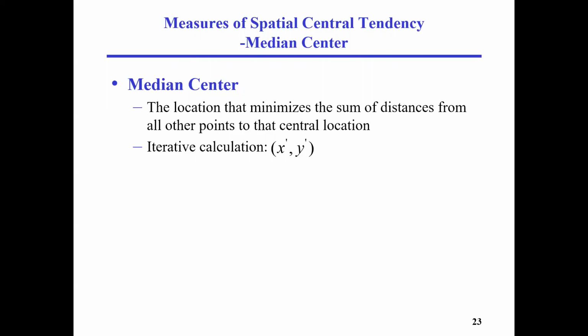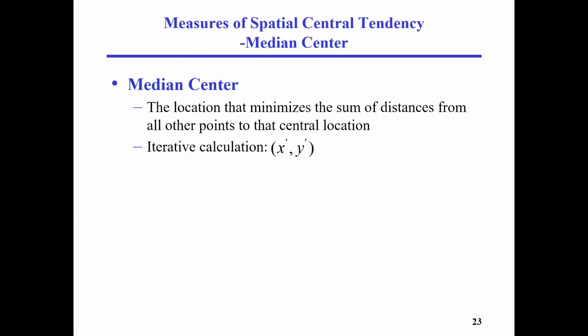Actually, in order to find out median center, you have to find the mean center of the area or of the polygon first. And then you calculate the distance between mean center and many other locations, as many as you want. You try to minimize the sum of this distance.